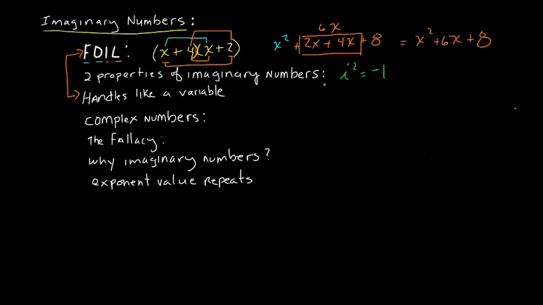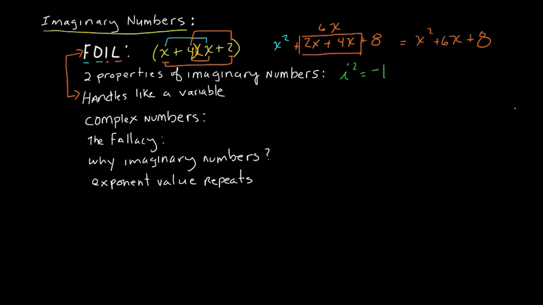So in our real number set, we don't have a way of identifying how you would get a number squared to equal a negative, let alone -1. So it's just by definition, i squared, imaginary unit, squared equals -1.